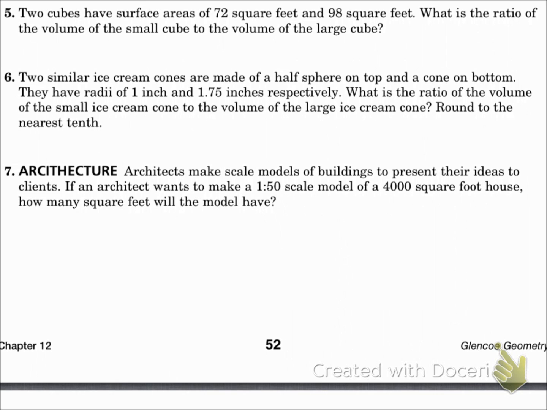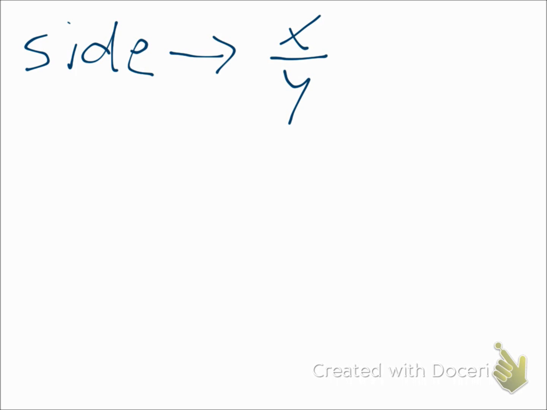Two cubes have a surface area of 72 square feet and 98 square feet. What is the ratio of the volume of the small cube to the volume of the large cube? Well, you have to remember that when you're talking about single dimensions, like a side, then your ratio is just x over y.